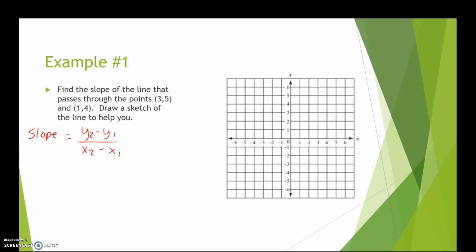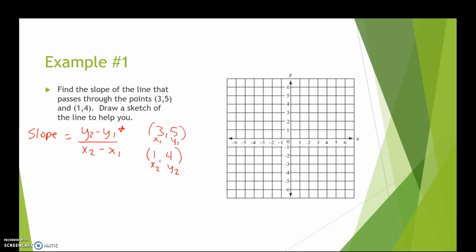So for instance here we have 3, 5, and we have here 1, 4. Now it doesn't matter which one I label as x1, y1, x2, y2, but I do need to be consistent when I set it up using this formula. So here I'm going to label 3 as x1, 5 as y1, 1 as x2, 4 as y2.